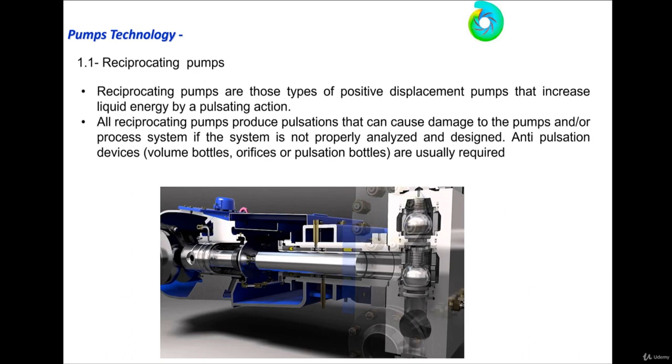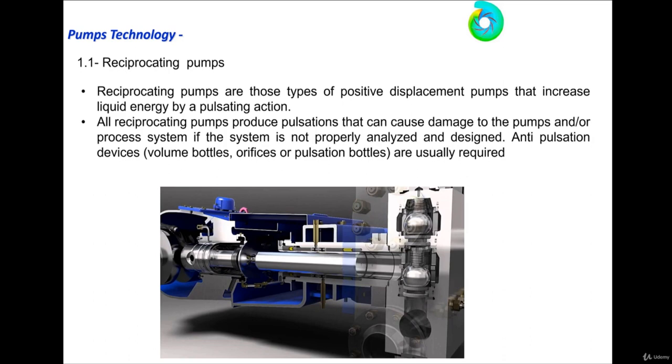A reciprocating pump produces pulsation, and this is a characteristic of this pump that can cause damage to the pump and or the process system if the system is not properly analyzed and designed.